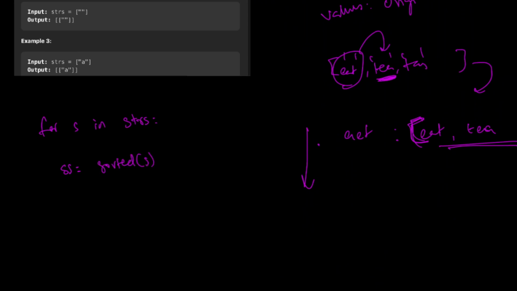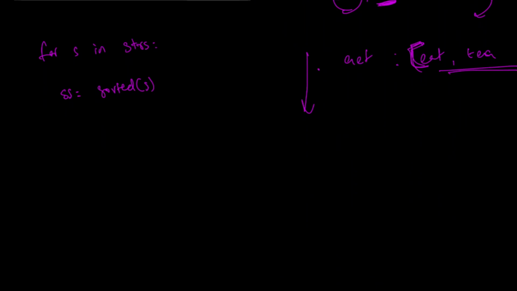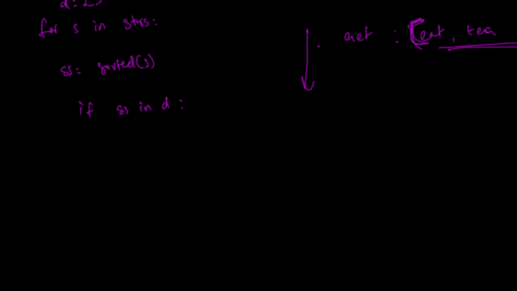Let us assume D is our dictionary. If SS in D, this checks if this particular string is already present as a key in the dictionary. If it is already present, I just append the particular value S to this dictionary.